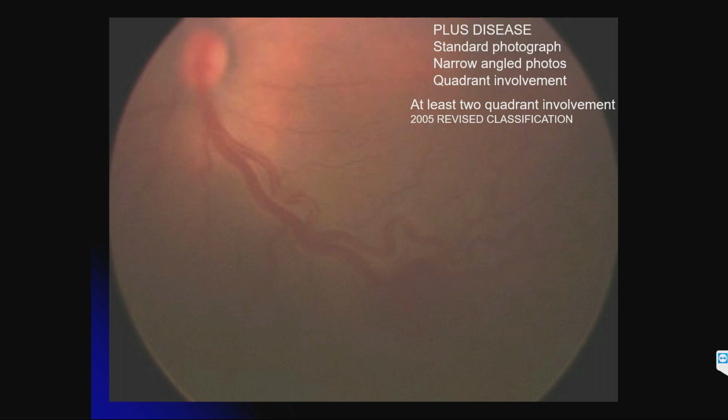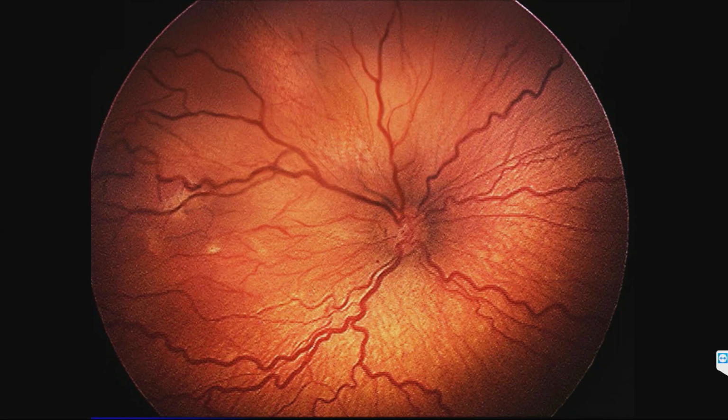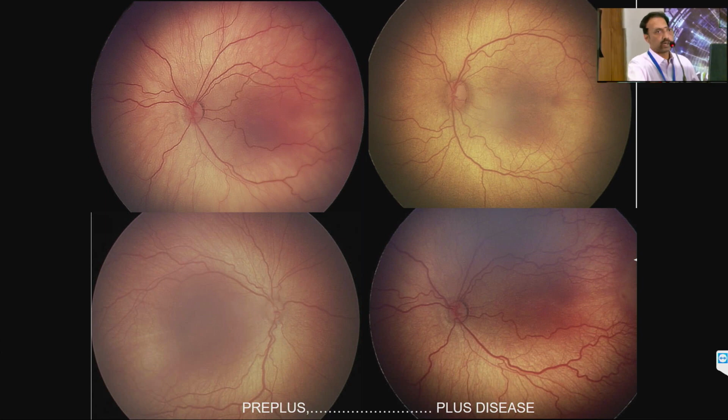Now the ICROP3 third edition talks about more wholesome photographs involving the posterior pole. You look at both zone 1 and zone 2 for the presence of dilated retinal veins along with tortuous retinal arterioles, which make up plus disease. Also, they try to differentiate pre-plus and plus.